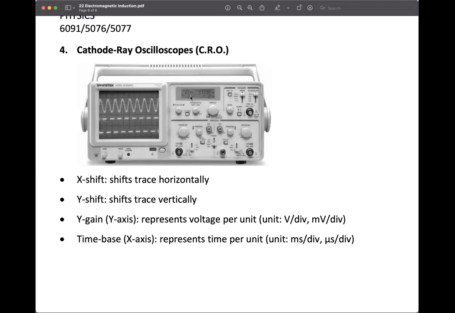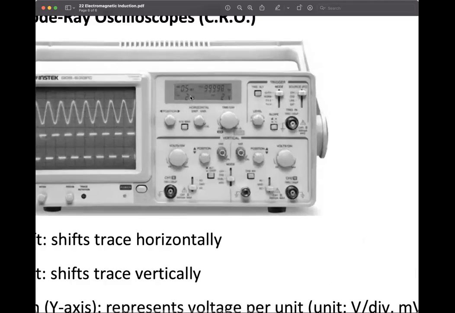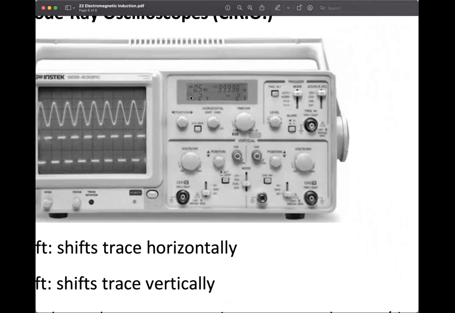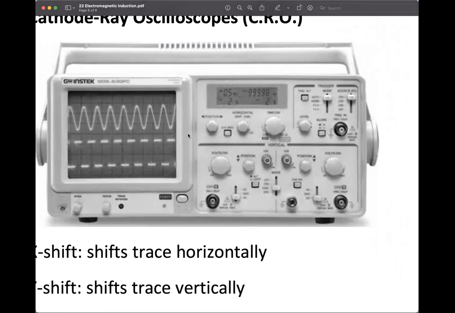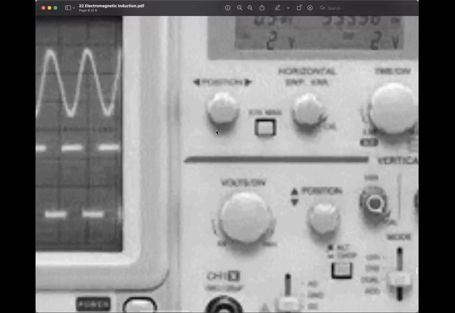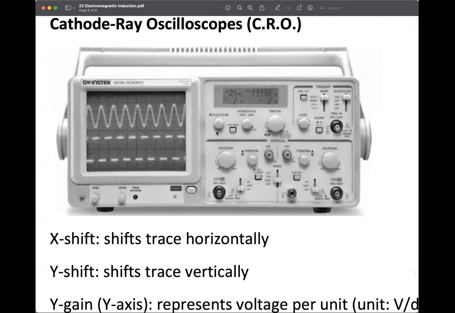All right. For cathode ray oscilloscope, let me just explain a bit. I also hardly used it last time when I was a teacher. Basically, there's this thing called X shift. Can you all see the words here properly?